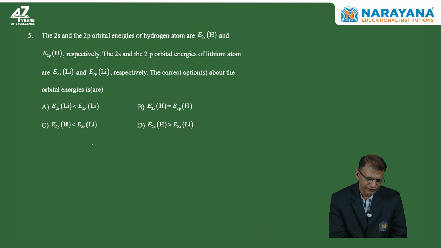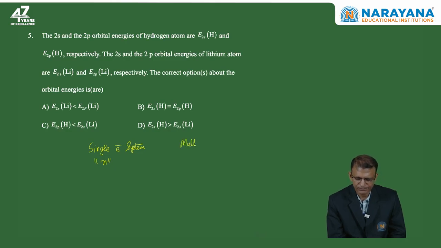So we know that for a single electron system, the energy only depends on the principal quantum number. But for a multi-electron system, energy depends on the principal quantum number as well as the azimuthal quantum number, n plus l rule, right?